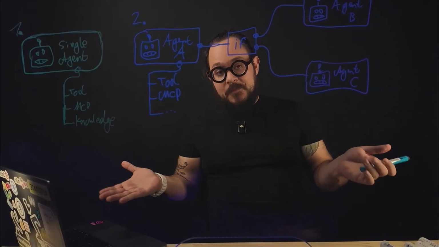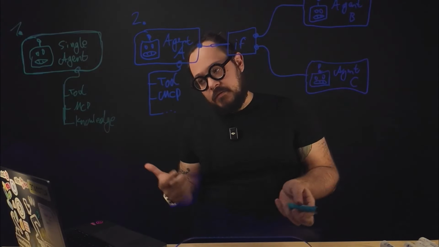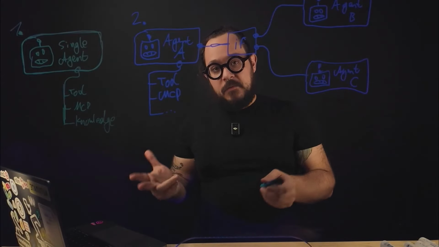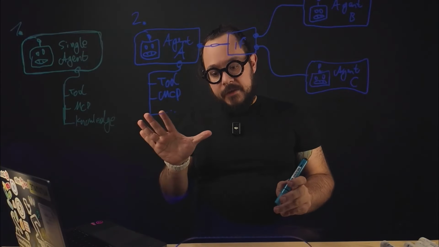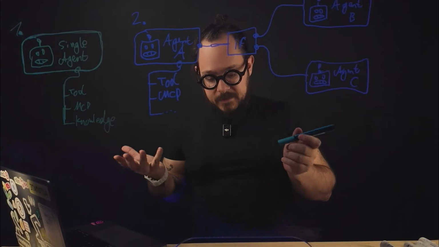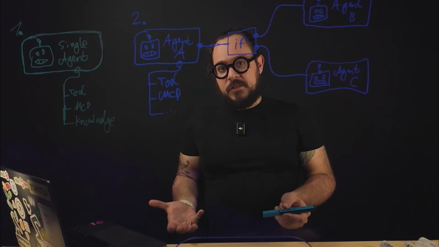And to be honest, that's it. There are no supervisor agents. There are no multi-agents that are working in a team. Everything like this, you cannot build at this moment with this platform because there's simply no way to architect like this.